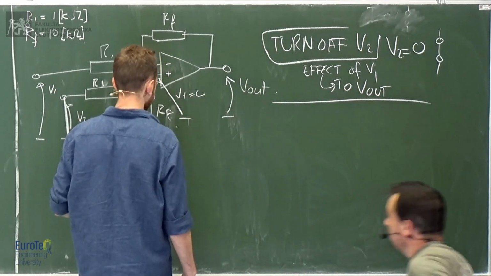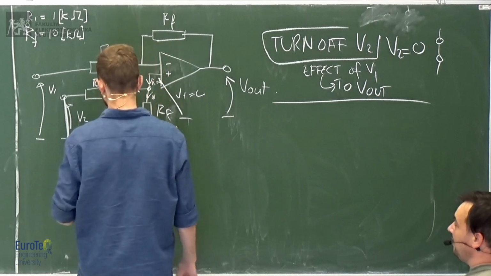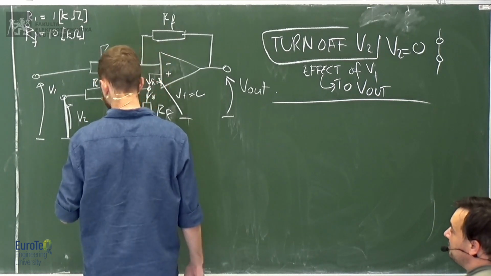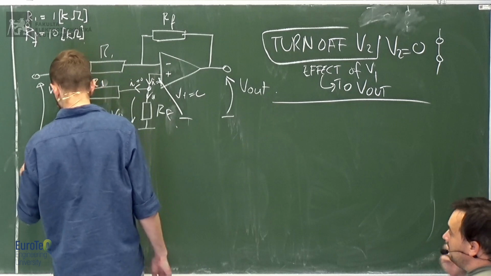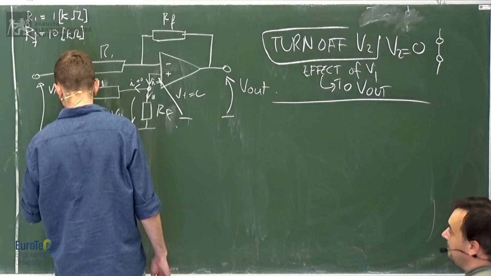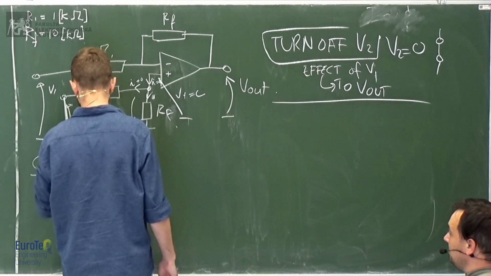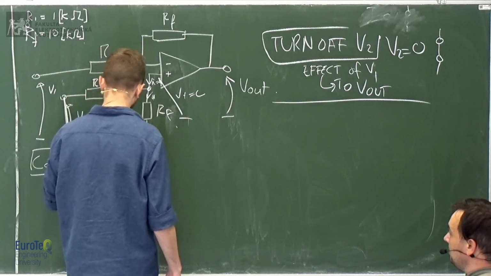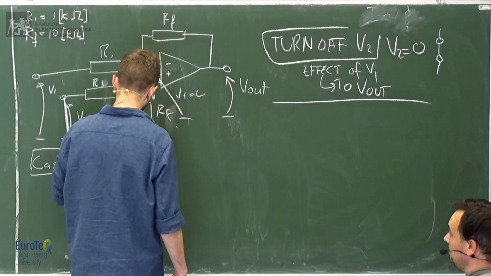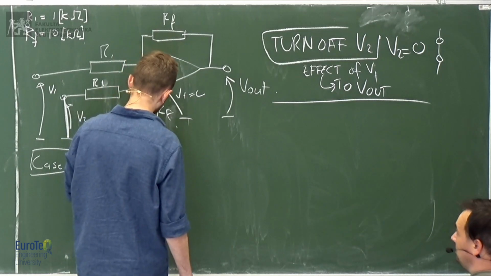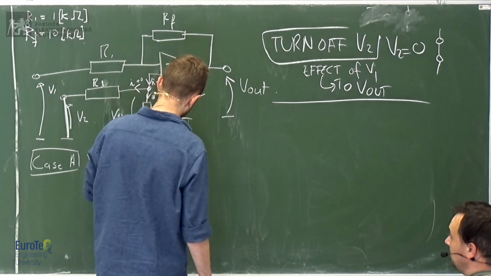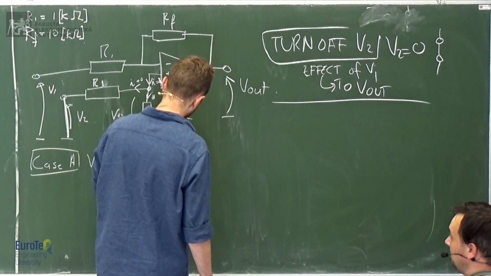So what are you left with? We're left with an inverting amplifier. It's just an inverting amplifier. The only difference is that instead of having the short circuit between the positive input and the ground, you still have a couple of resistors there. So case A, V out is equal to -1 times V in multiplied by RF over R1.